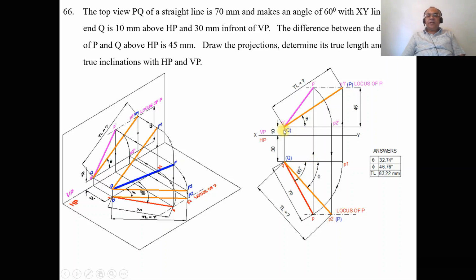Similarly, by using the protractor with Q dash as center, measure the angle theta, which will be 33 degrees, and with small q as center, measure the angle phi, which will be 47 degrees. When you do it on the computer, the true length will be 83.22 mm, phi will be equal to 46.76 degrees, and theta will be equal to 32.74 degrees.